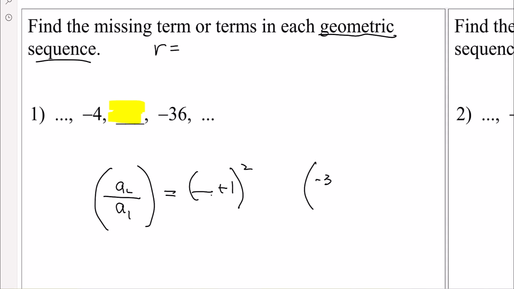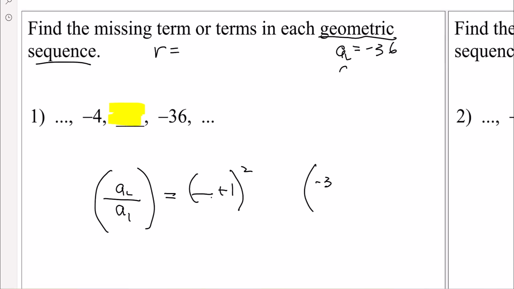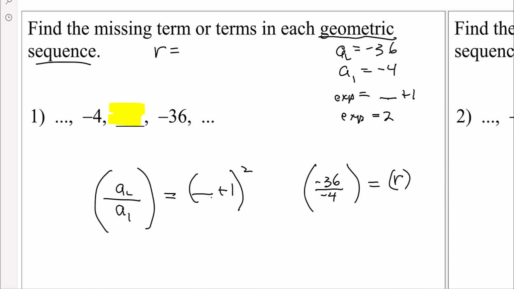Our last term, a sub last, is negative 36, a sub 1 is negative 4, and the exponent will be 1 blank plus 1, which is 2. So negative 36 divided by negative 4 is equal to whatever the r is squared. So this exponent right here is what goes right there.